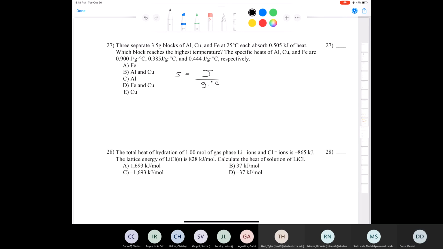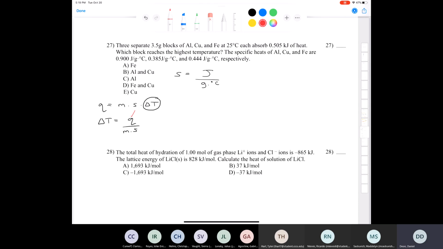And so we're given the specific heats for each of these, and we know from our calorimetry that Q is equal to mass times specific heat times the change in temperature. Now, if we want to figure out the change in temperature, to figure out which one of these is going to have the greatest change in temperature, we can say that delta T is equal to Q divided by M S. Look, the amount of heat absorbed by all of them is the same, right?